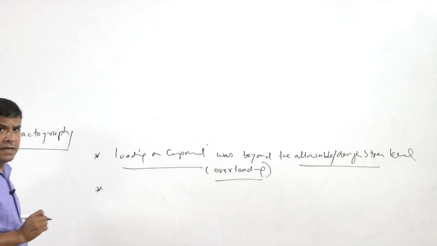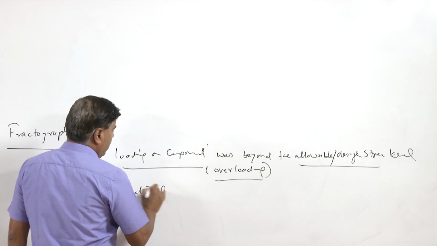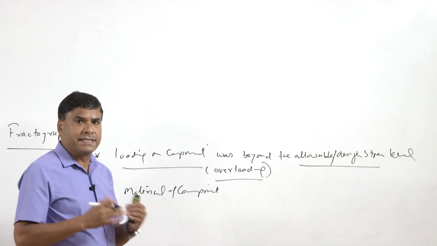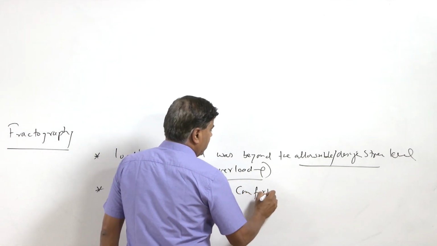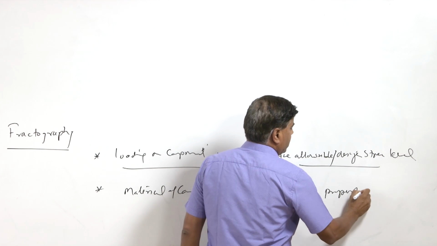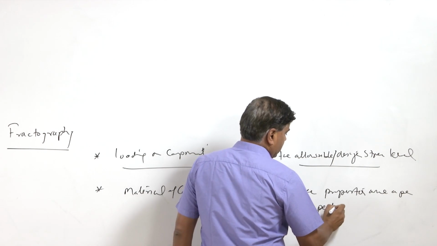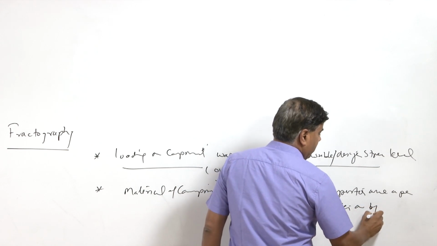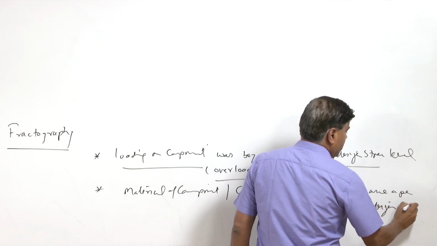The second one is whether the material of the failed component had the required properties as expected by the design engineer. It will confirm whether the properties were as per the expectation of the design engineer or not.